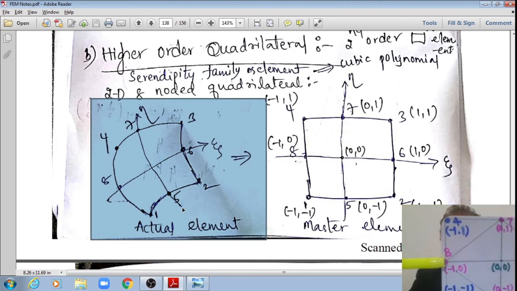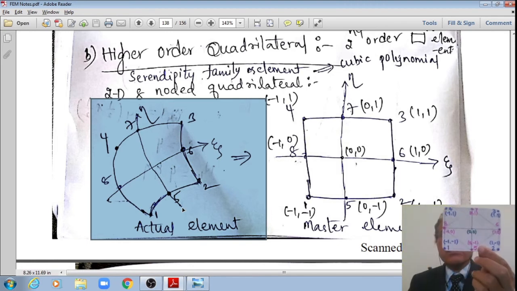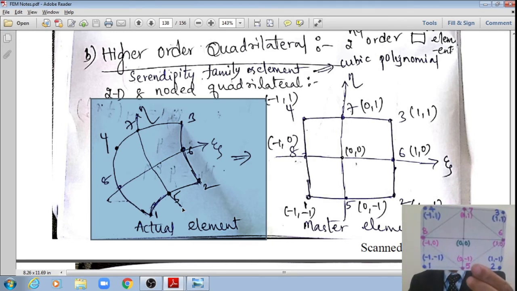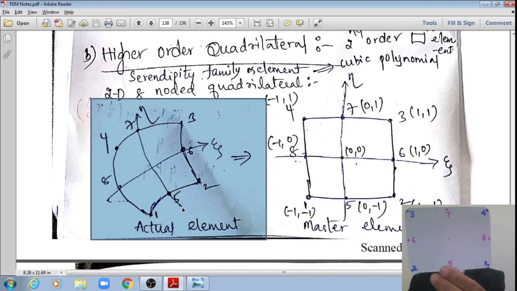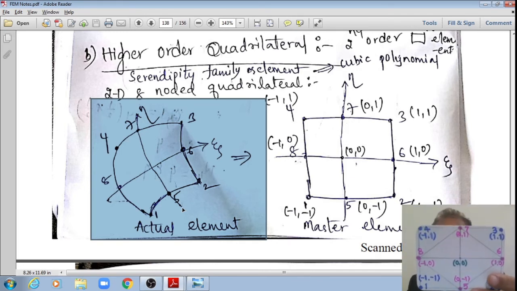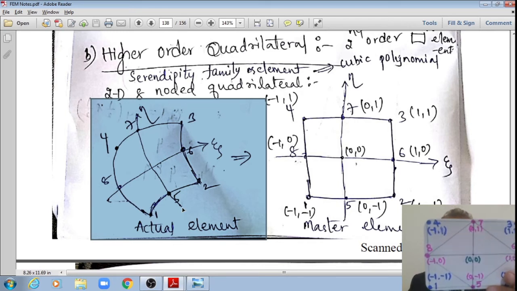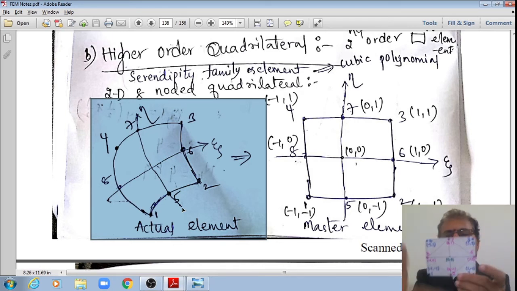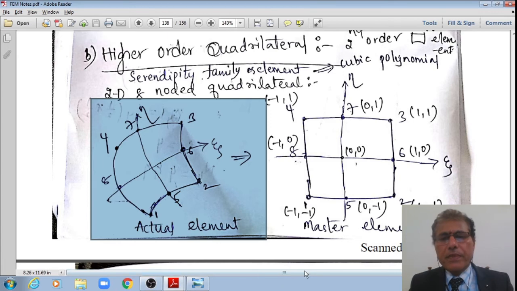node 8 at -1, 0. That is how my 2D 8-noded quadrilateral is defined. These are the coordinate values in the local coordinate system along xi and eta respectively.